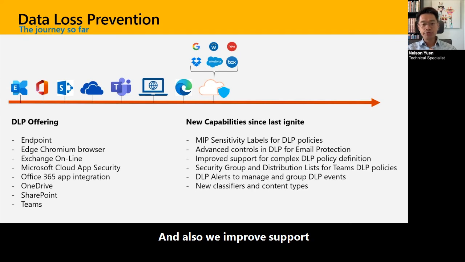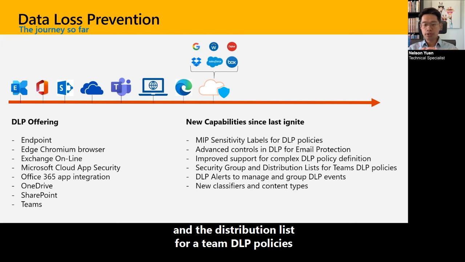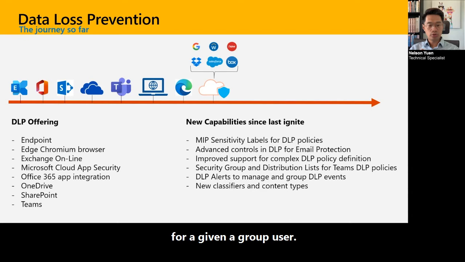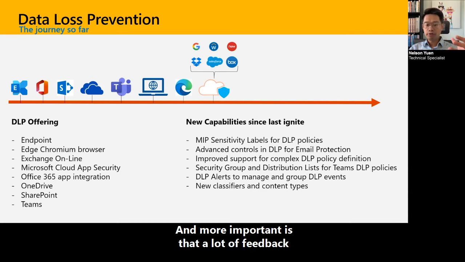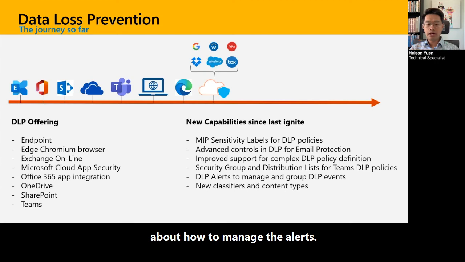We also improved support for complex policy definition, so you have different conditions and grouping in the DLP policy. And also we extend the security group and the distribution list for the Teams DLP policy so that you can define a policy more finely for different groups of users. And more important is a lot of feedback about how to manage the alerts.